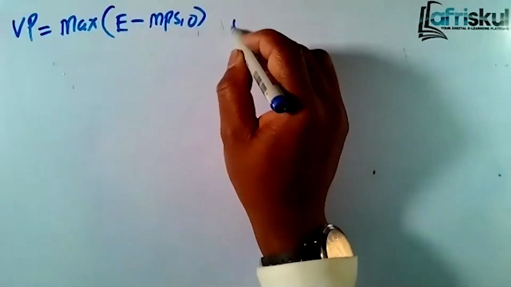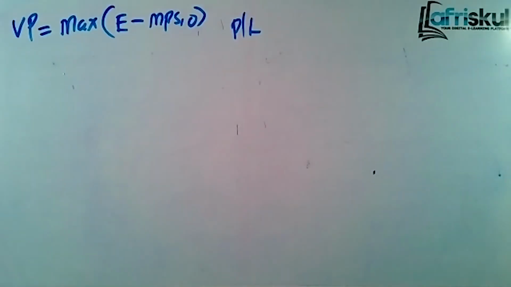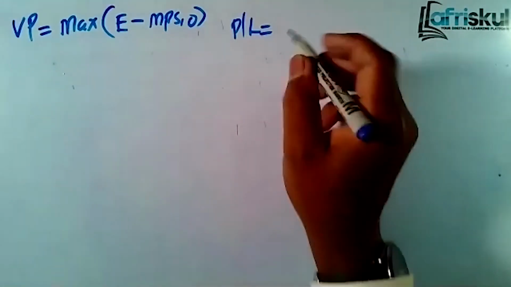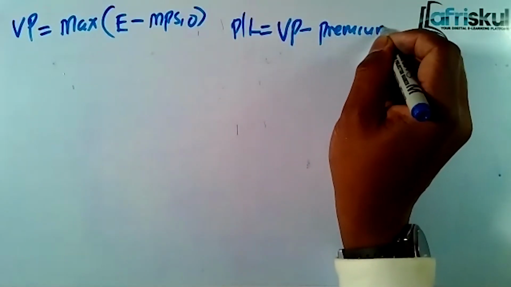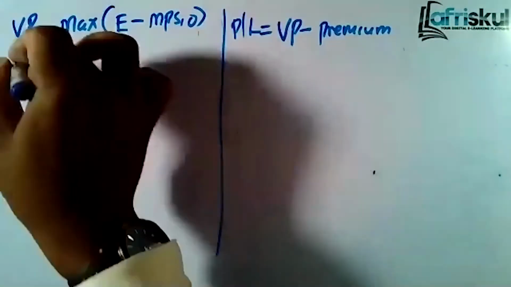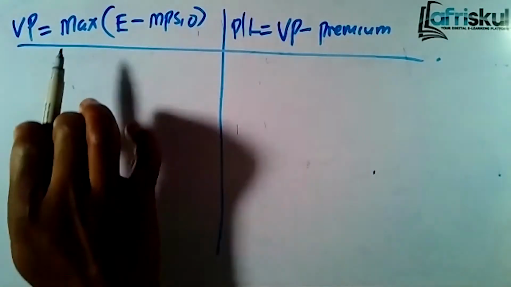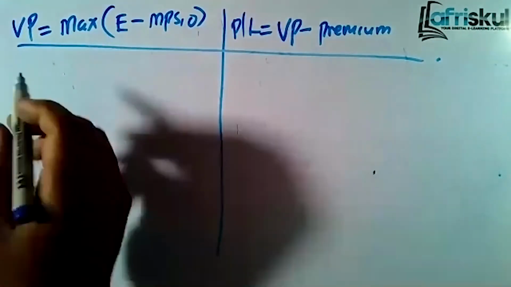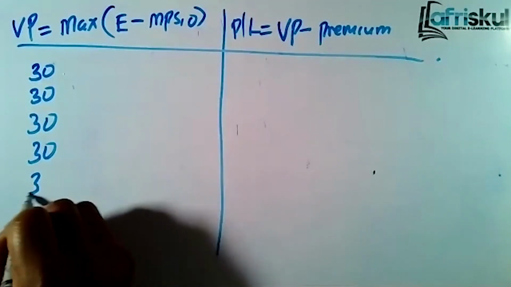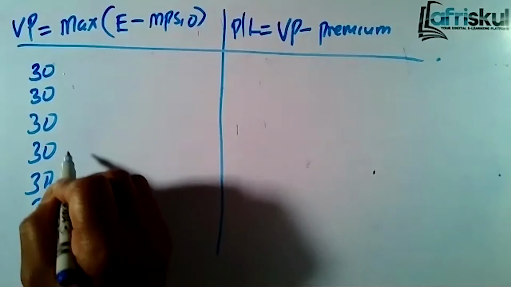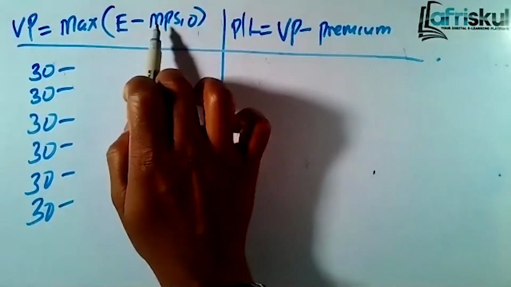And how do we get the profit or loss? For the profit and loss, this is how you get it. You take the value of the put, you deduct the premium. So now let's get that. The exercise price was 30. So you just take 30 and then you deduct the market price per share.